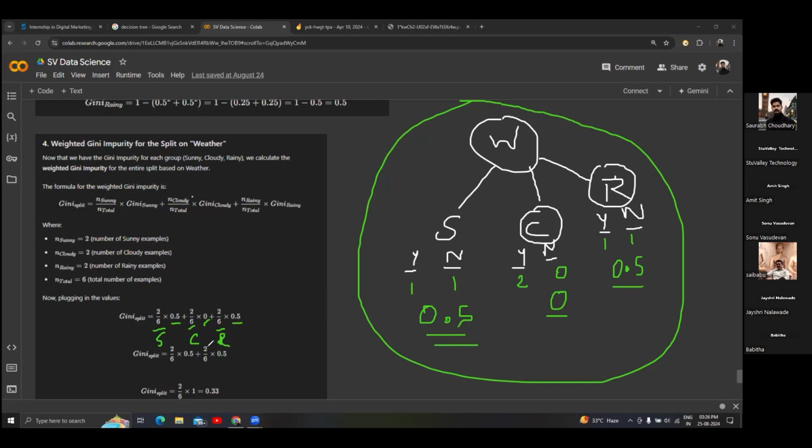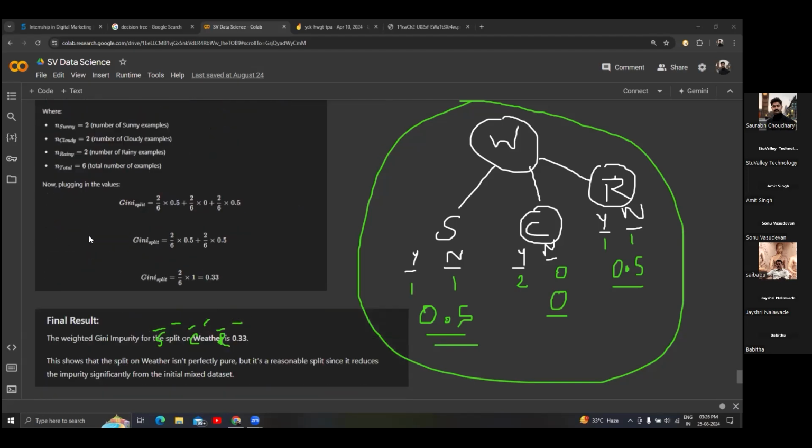After doing this, you will find out how much the whole impurity of that particular weather is.